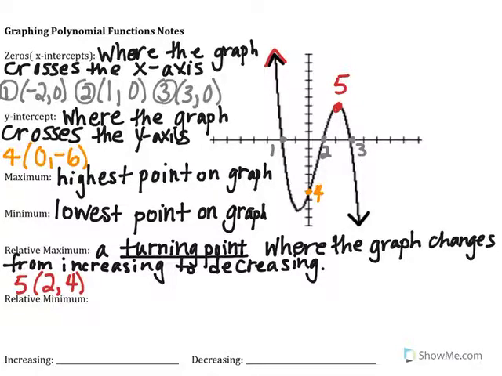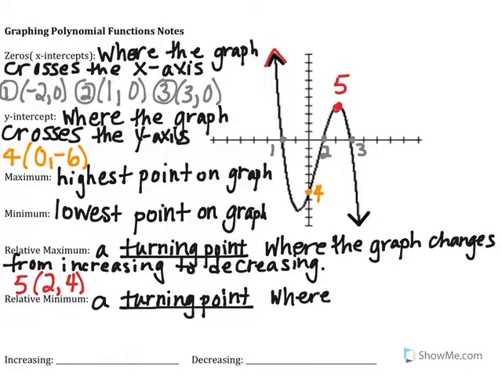And then a relative minimum is just the opposite. It's a turning point where the graph changes from decreasing to increasing. So that helps you with the next step down below, identifying the increasing and decreasing.